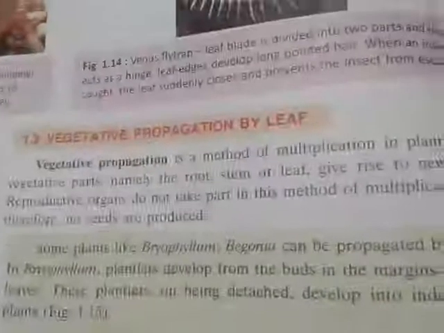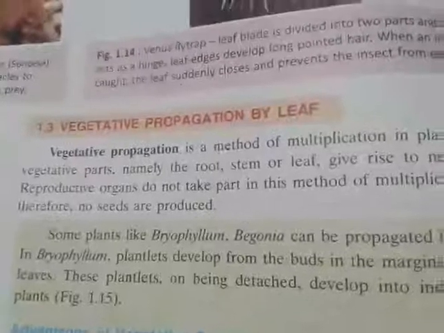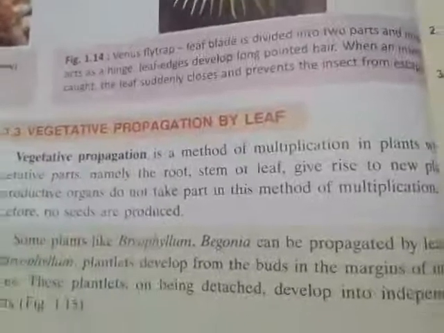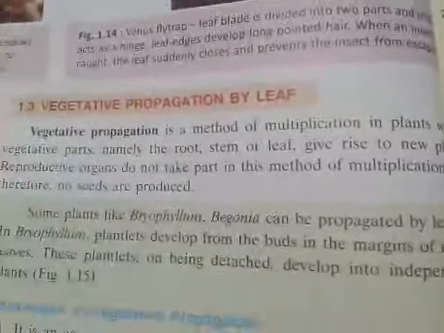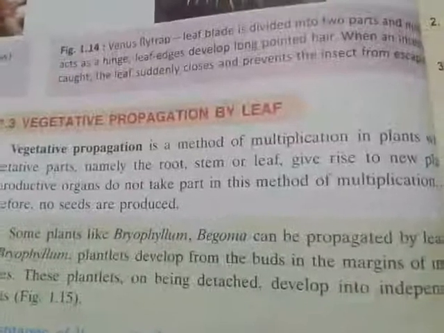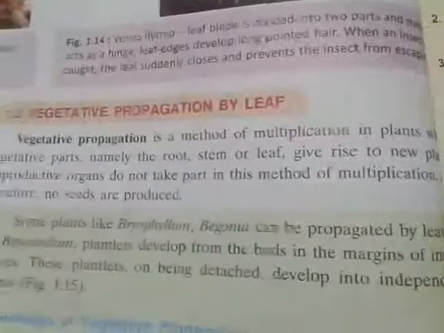Okay, now the very important part, that is the vegetative propagation of the leaf. Vegetative propagation is a method of multiplication in plants where the vegetative parts, namely the root, stem or leaf, give rise to a new plant.